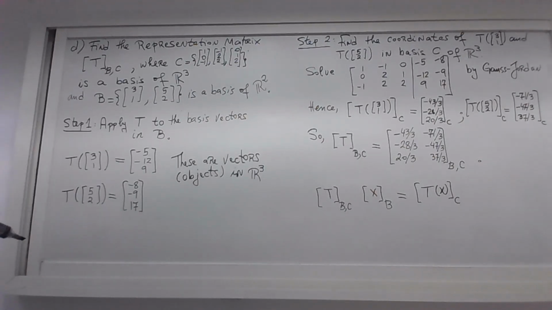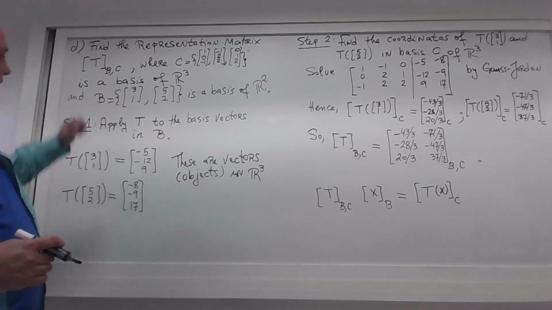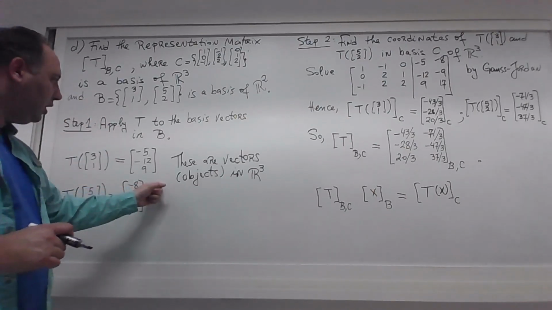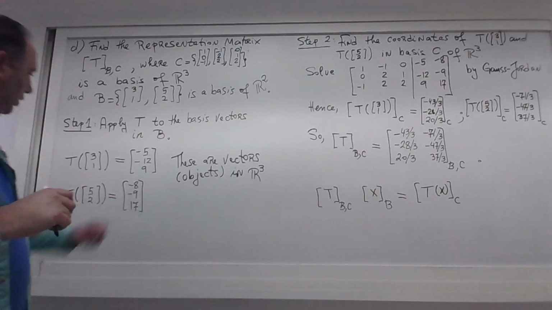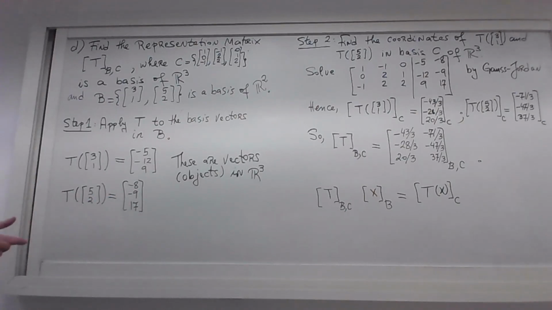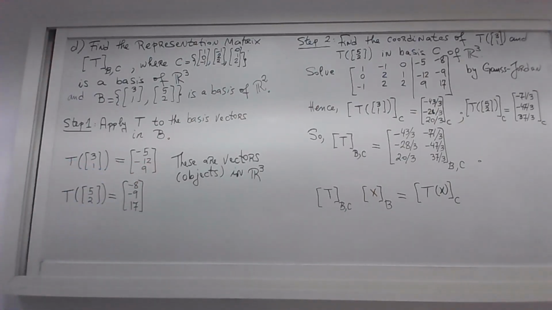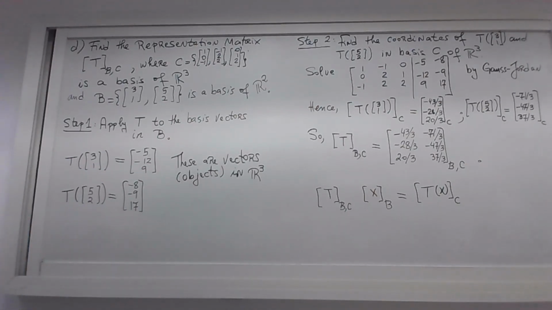Again, the same procedure: we apply the linear transformation to the basis vectors from basis B, we already did this, and then we get the vectors from R3. Now, the second step is we need to find the coordinates of these vectors in basis C of R3. So that's the goal.